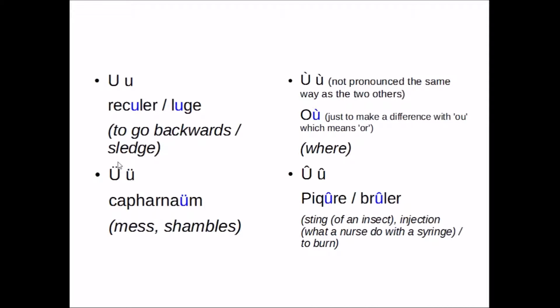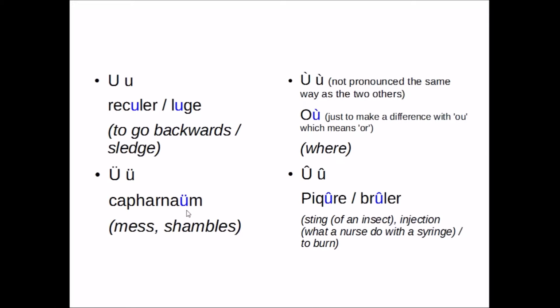Alright, so it's written. And this U here with the tréma, for example, in this word, which is pronounced Capharnaüm, so you see that it's not pronounced U, we don't say Capharnaum, we say Capharnaüm, so it's pronounced like most of the words ending in UM, we say like in medium, so we say medium.